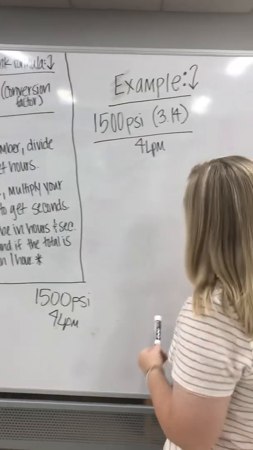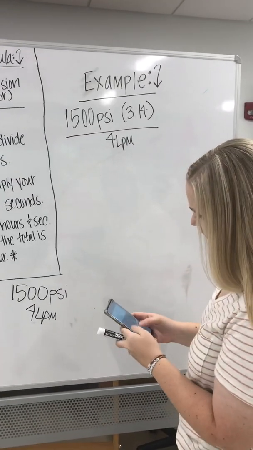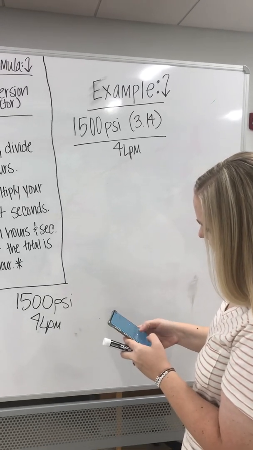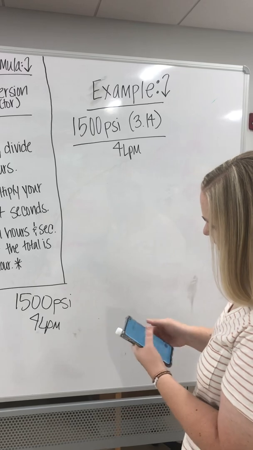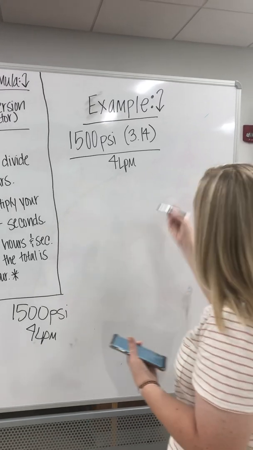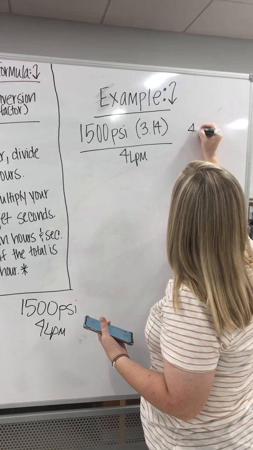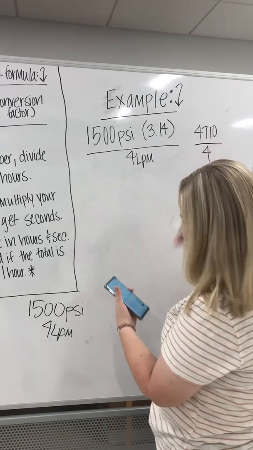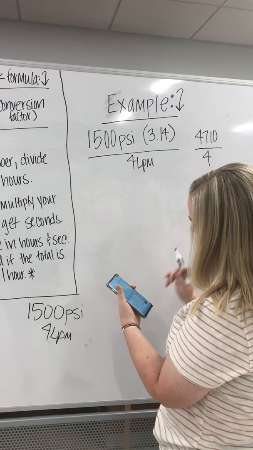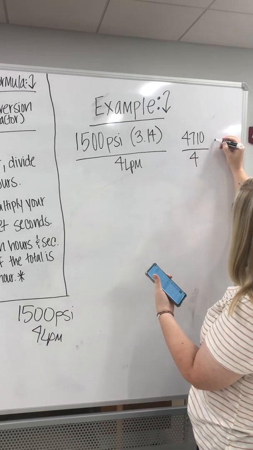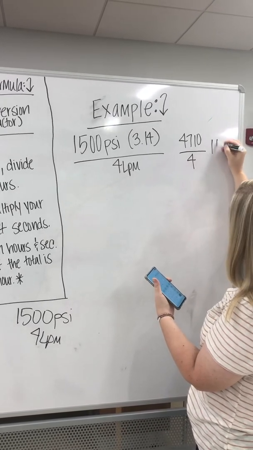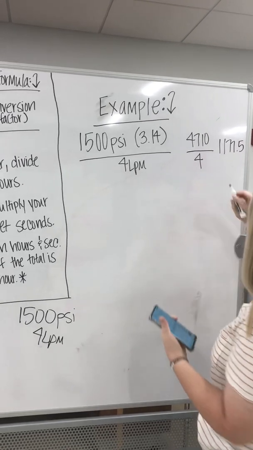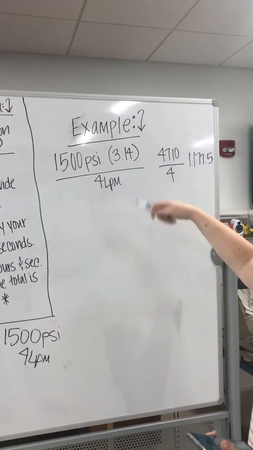So I'm going to calculate that real quick. 1500 times 3.14 gives me 4710, divided by 4 gives me 1177.5. Okay, that's the first part of your answer.